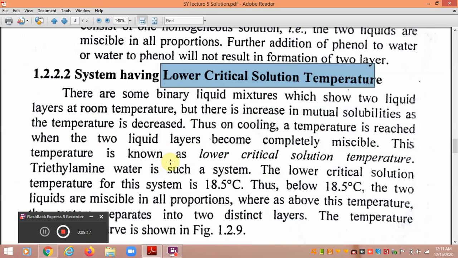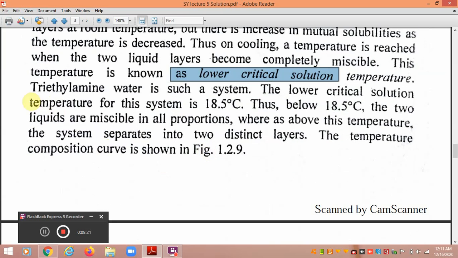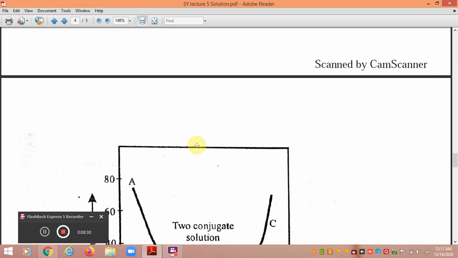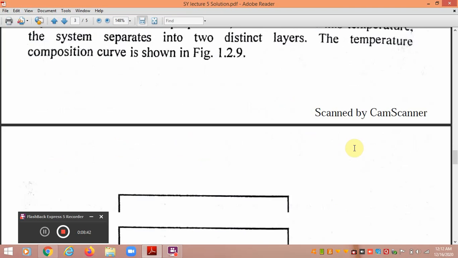That's why this system has a lower critical solution temperature, which is 18.5 degrees Celsius. Below 18.5 degrees Celsius we get two liquids which are completely miscible in all proportions, whereas above this temperature these two are separated from one another.